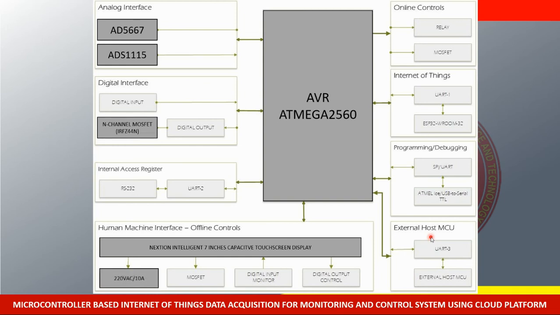Okay? So, for our relay, it has the capability of holding up to a maximum of 220 volts AC and a maximum of 10 amperes. For our MOSFET, same, the N-channel MOSFET IRFZ44N. And there is actually a reason why I used the N-channel MOSFET.